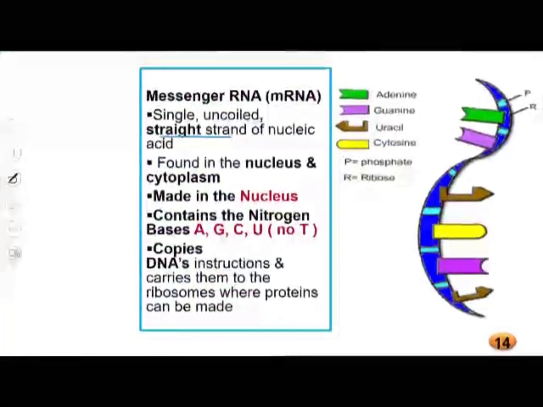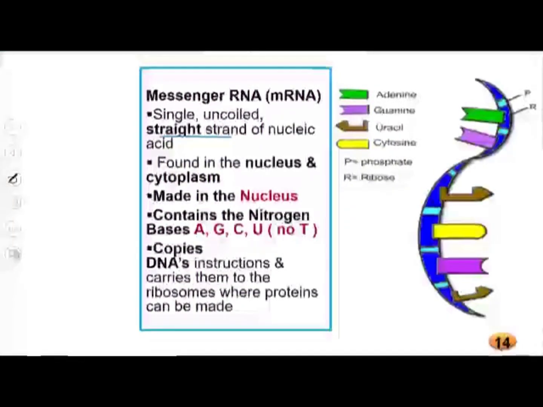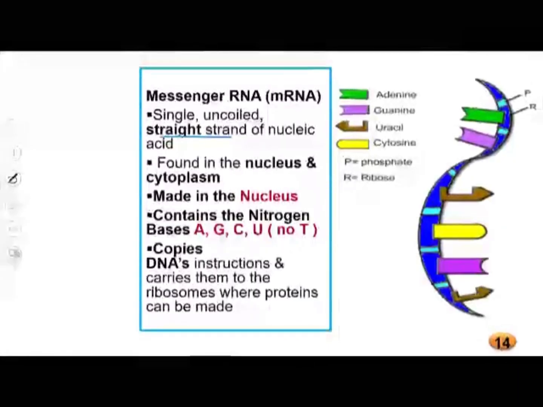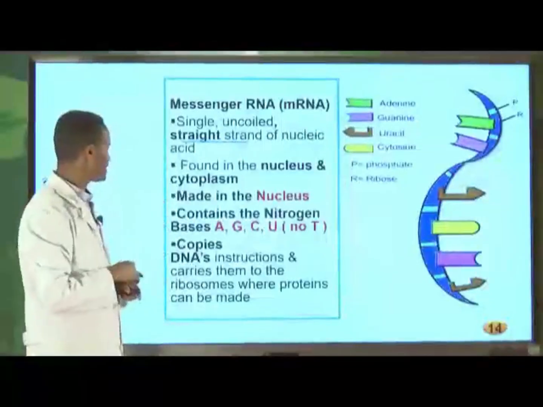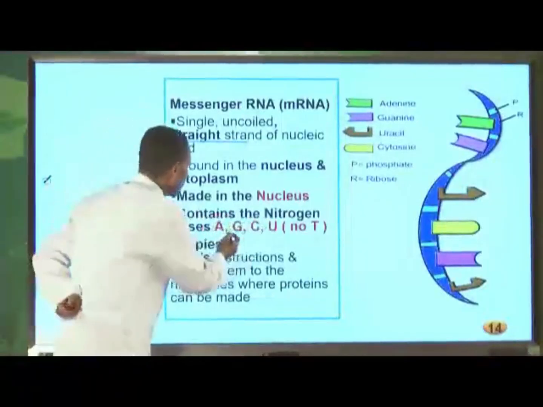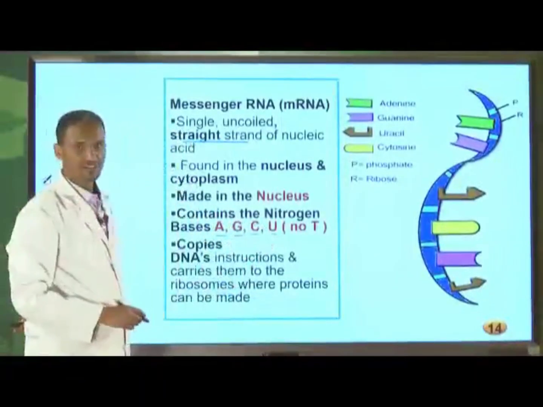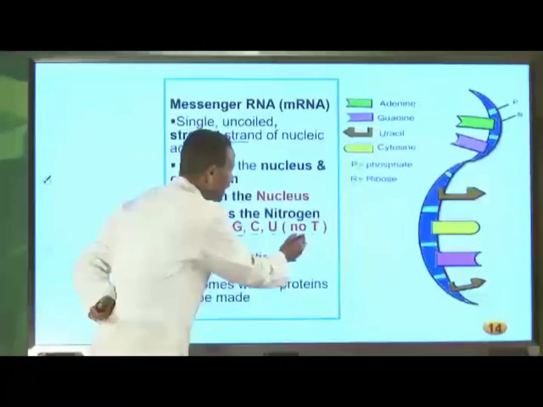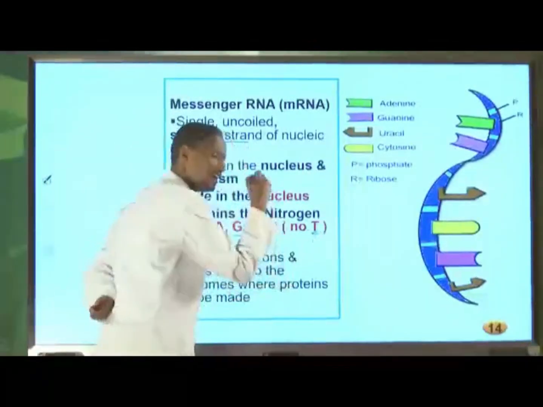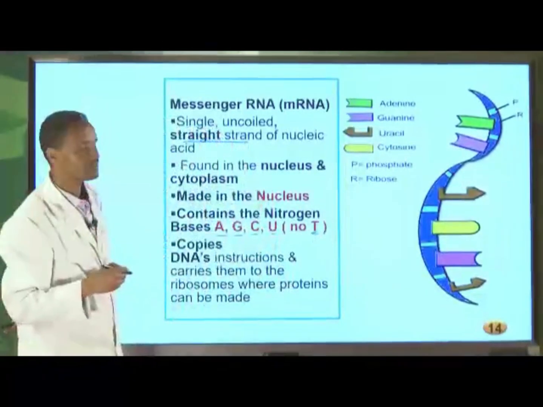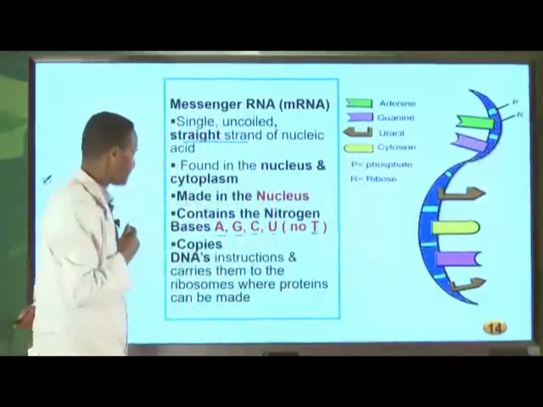It is made in the nucleus, and you can also find it in the cytoplasm of the cell. It contains the nitrogen bases adenine, guanine, cytosine, and uracil. It has no thymine. Thymine is in DNA, not in RNA.